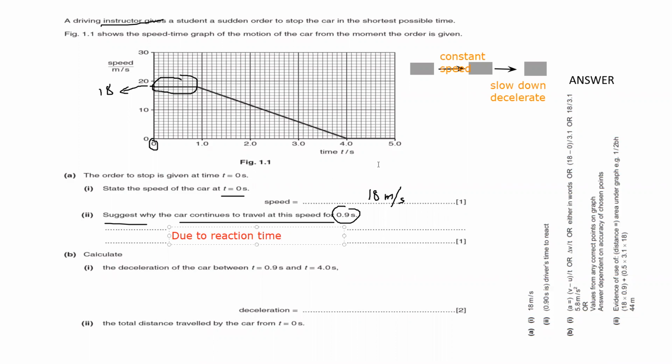Same thing, the moment the instructor ordered the student to stop the car, the student will take time to react to the instruction, and then he will press the brake. So in that interval when he was reacting, that interval is known as the reaction time. Is it clear? Part A, part 2.